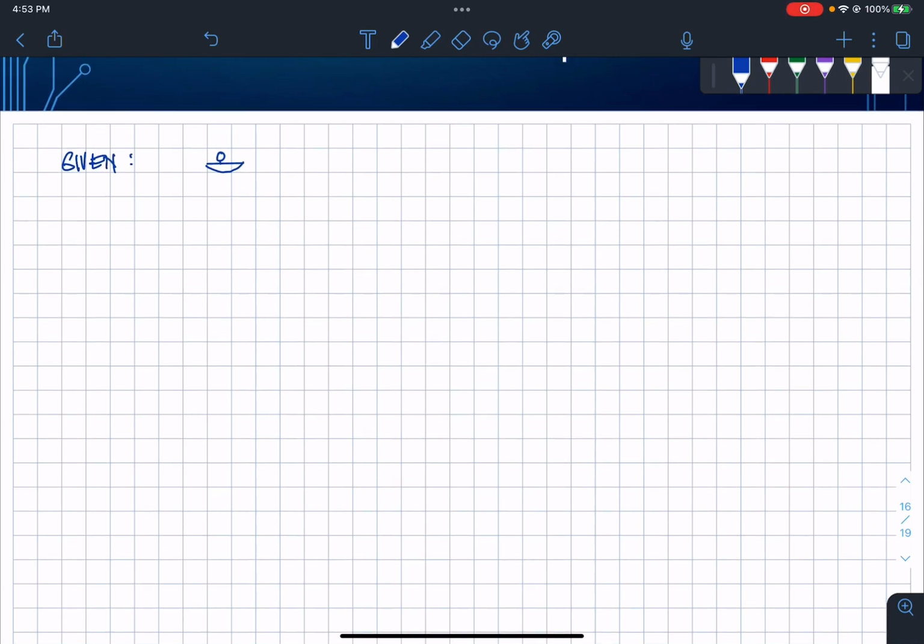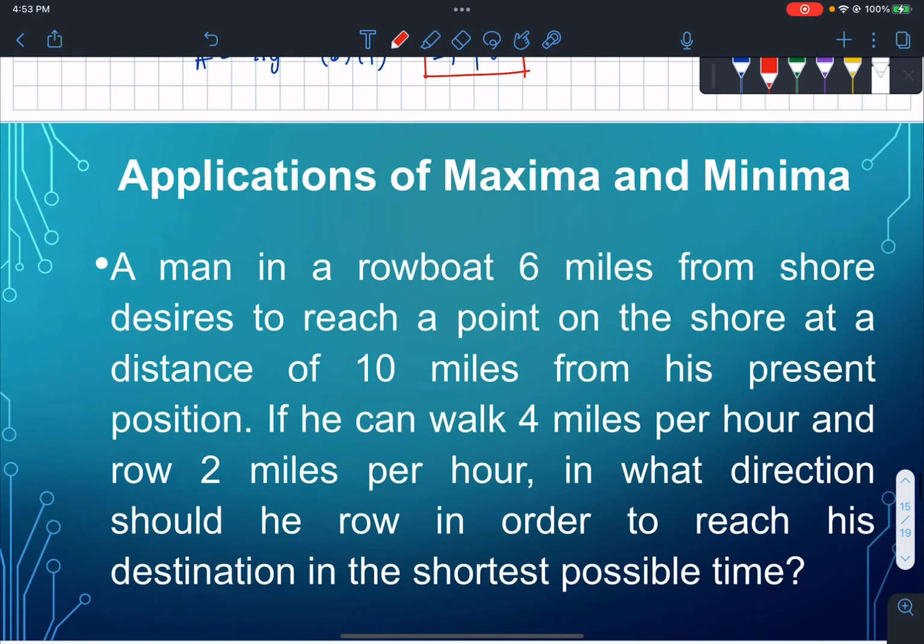So let's say this would be the shore. The man is 6 miles from the shore, so this is 6 miles.